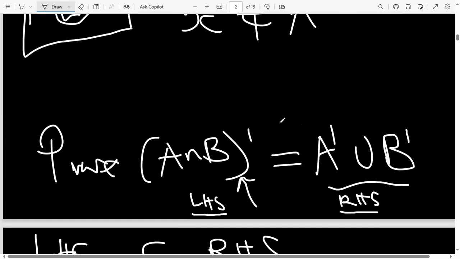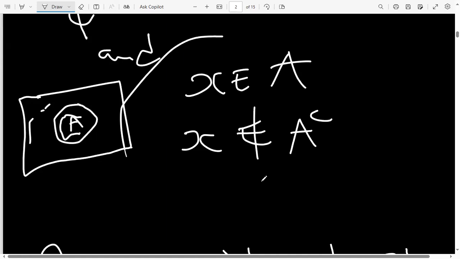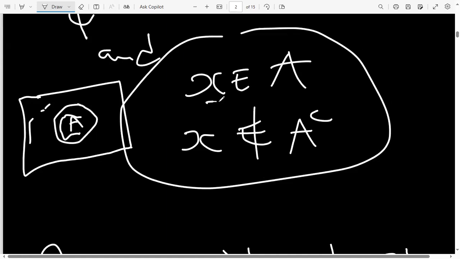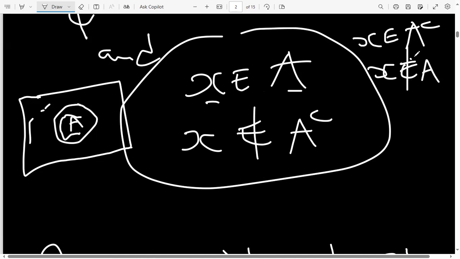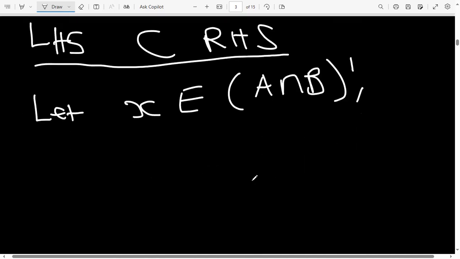Remember the complement rule, what I was explaining here. If X is in A, then it means that X is not in A complement. So in a situation where you have X being a member of A complement, it means that X is not a member of the set A. This is what we are going to use here.